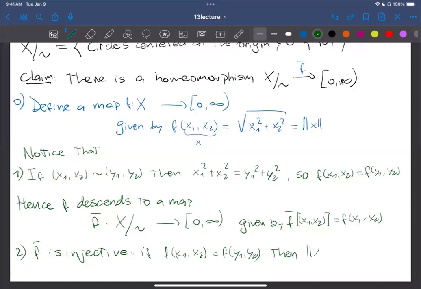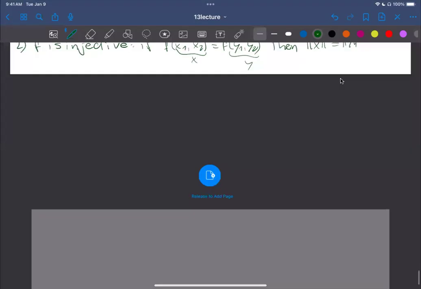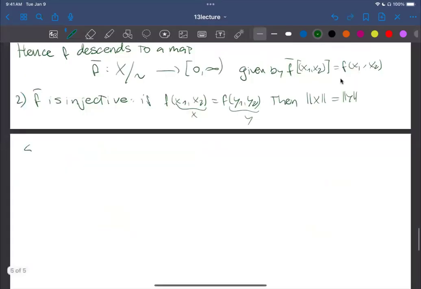So if you call this x and this y, then the norm of x is going to be the norm of y. That's the definition. So also x1, x2 is related to y1, y2. And by our theorem, F bar is injective.